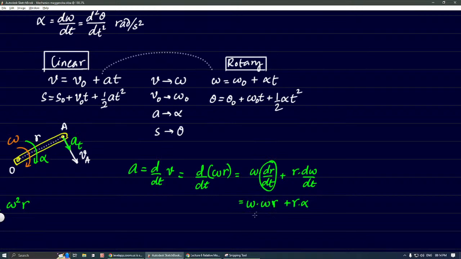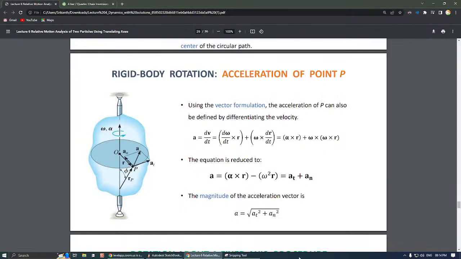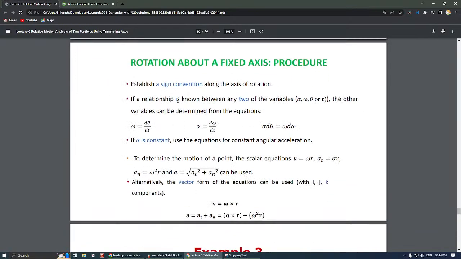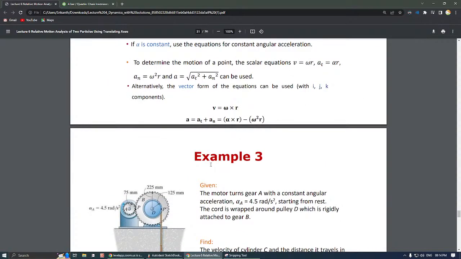So this becomes omega square r plus alpha into r. So this becomes the normal acceleration, and this becomes the tangential acceleration. That is explained here. Rotation about fixed axis, the same equations are repeating.